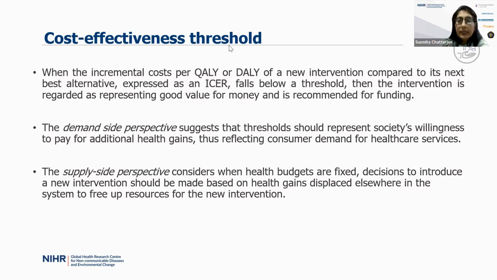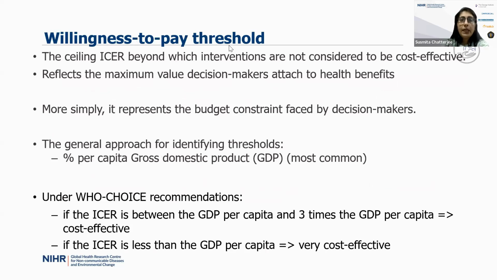So therefore there has to be a well accepted threshold, and the one most commonly used, in almost all economic evaluations you will see, is WHO-CHOICE. WHO-CHOICE is choosing the most effective interventions. There was a study by WHO, and there is a lot of information there.